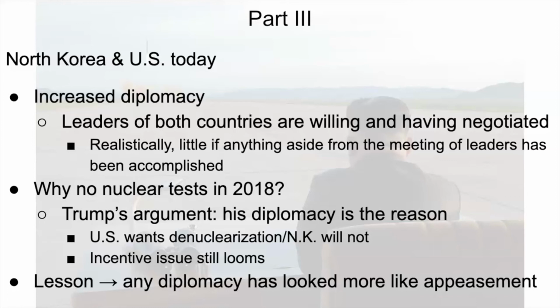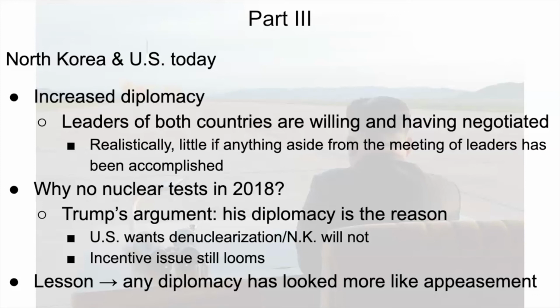If we go back to the chart at the start of the video, we'll see that there's no nuclear tests in 2018. And this is an interesting piece from a political standpoint, because Trump's argument is going to be that his conversations, his talking, his willingness to hear out Kim Jong-un is the reason for so few nuclear tests.